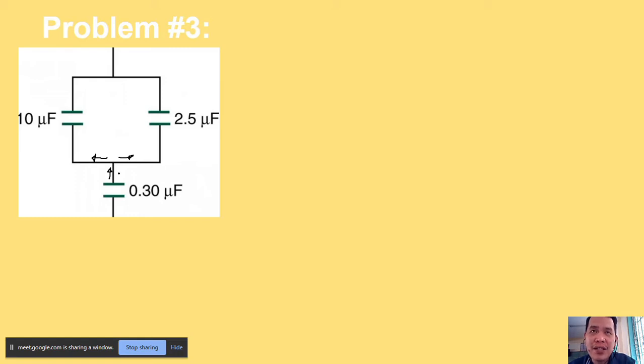Again, from the end, so from right to left. Sino ba ang pwede na makapartner ni 2.5 microfarad? Kung dito siya sa ibaba, papasok siya dito, tapos maghahati siya into 2 na naman, hindi yun pwede. So, doon tayo sa taas. Si 2.5 papasok siya sa node na to, yung isa lalabas dyan, wala naman po siyang other elements doon. Dito naman, meron siyang other element and that is 2 microfarad.